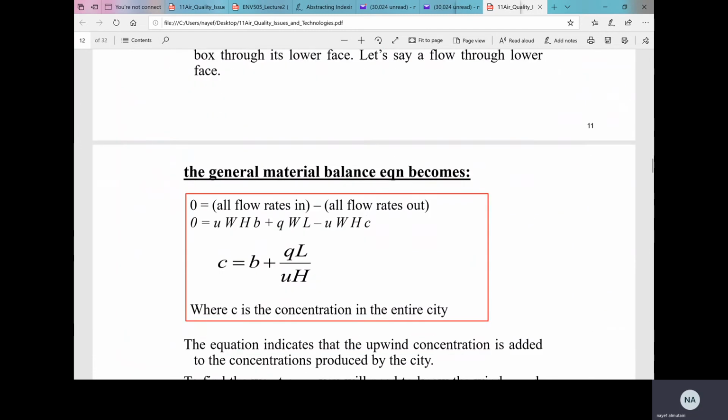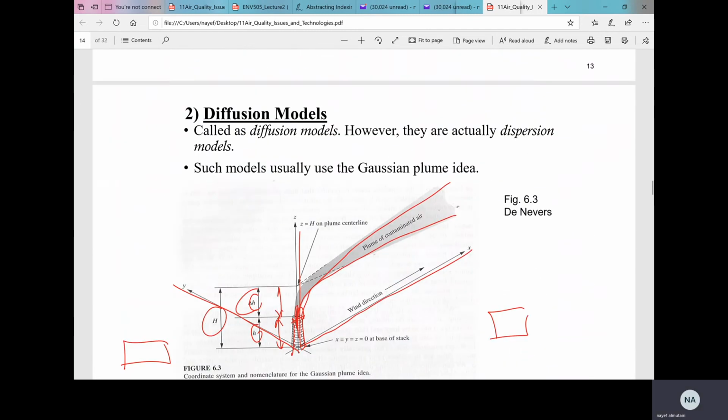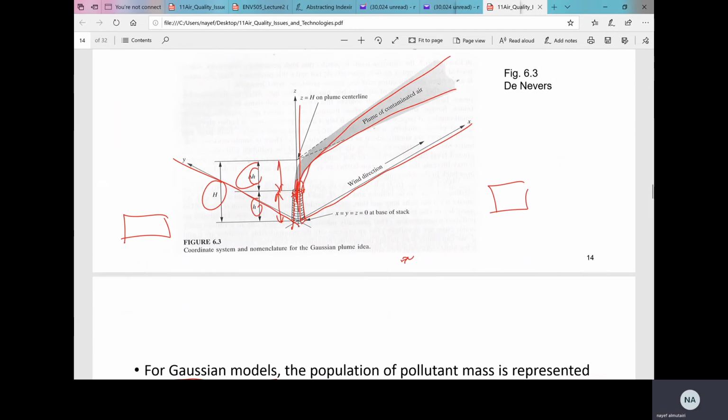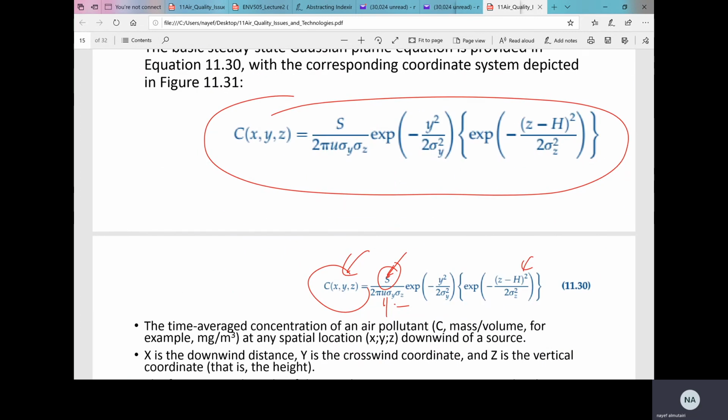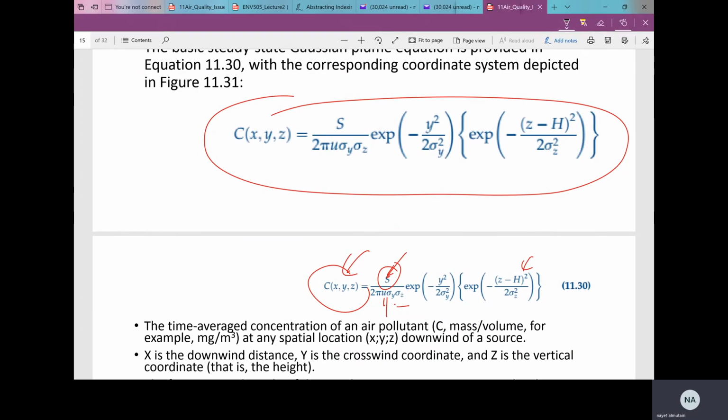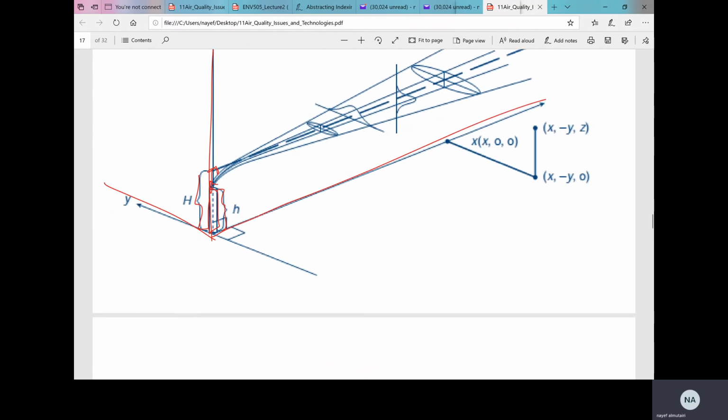Now for the models, I don't want to go much more into air pollution, but this equation is very important. This is how to check the air pollution movement from the chimney to other locations. The two examples that I want you to study.